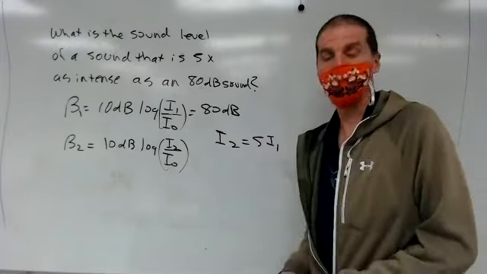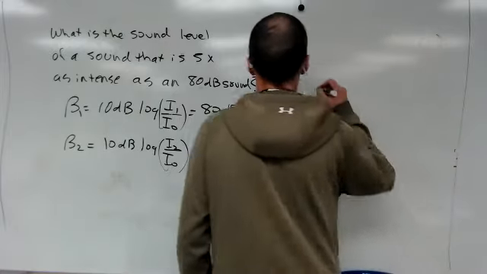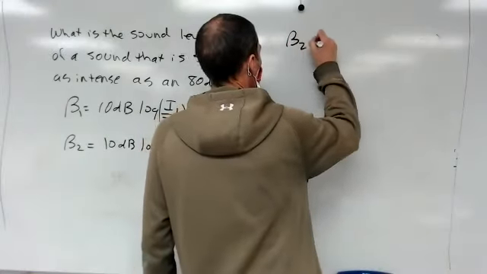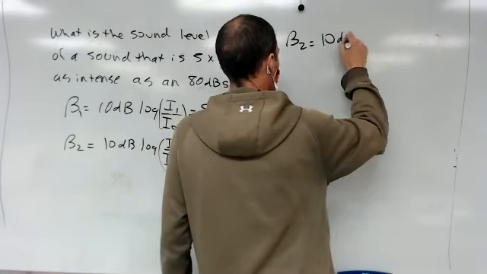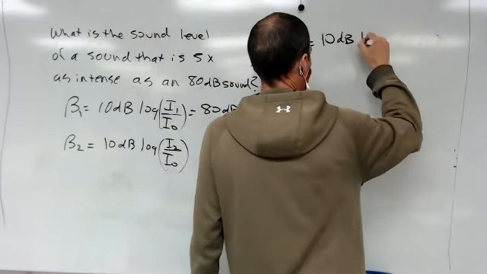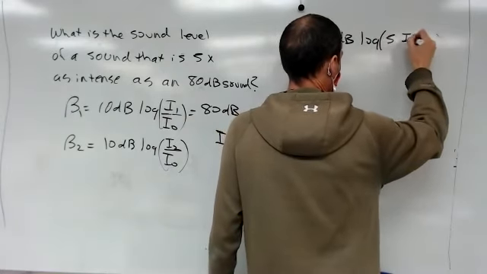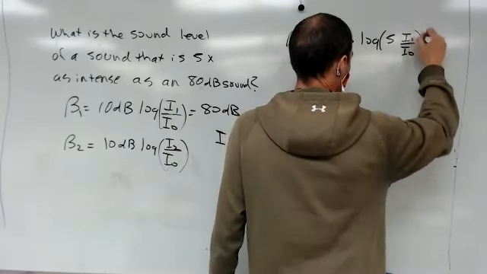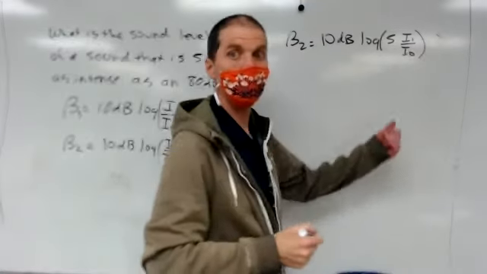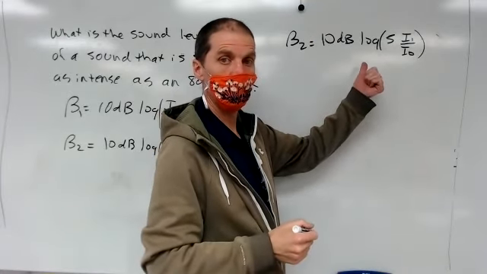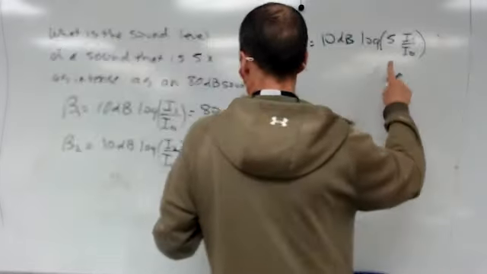You could also say this. You could say, beta 2 is 10 decibels times the log of 5 times I1 over I naught, right? Because that's what the definition of this thing is.